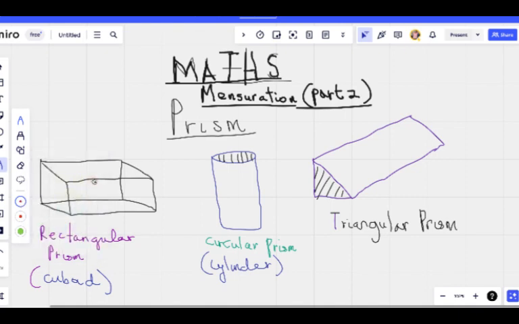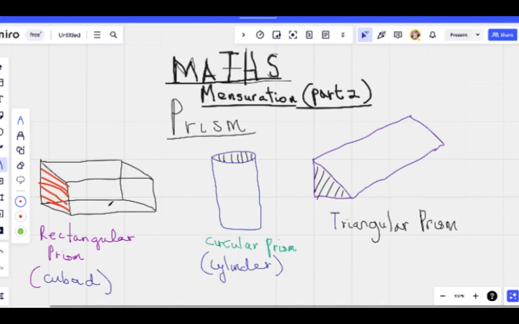Whichever face we choose as the base, it's a rectangle. The popular name for a rectangular prism is a cuboid.